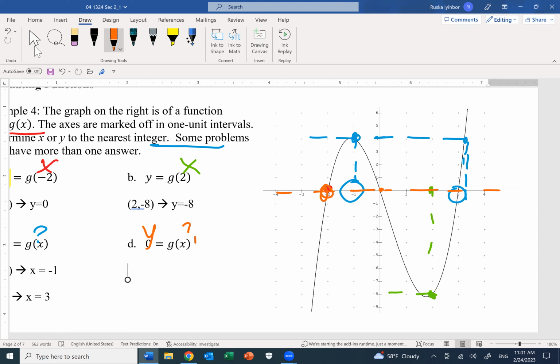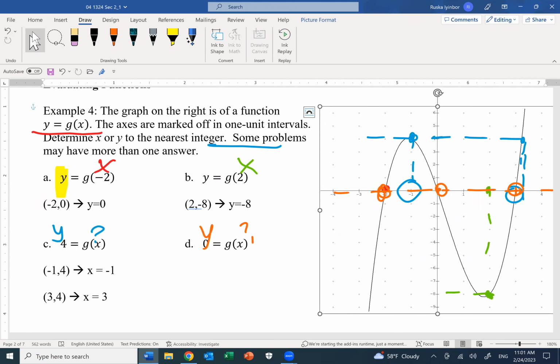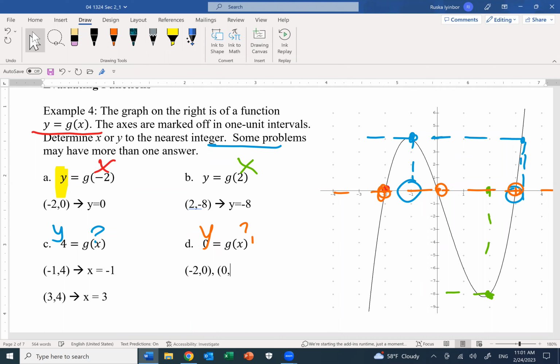So I have 1 point here, 1 point here at (0, 0), and 1 point at 3. Because you round to the whole number, it's going to be the same, but I'm going to write the points. So here we're going to have 3 coordinates, 3 x's. The first one is going to be (-2, 0). The other one is going to be (0, 0).